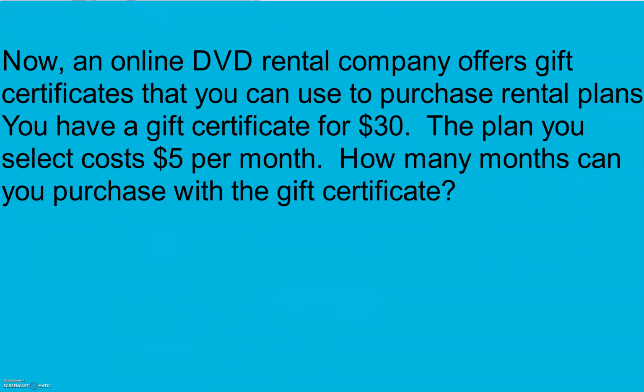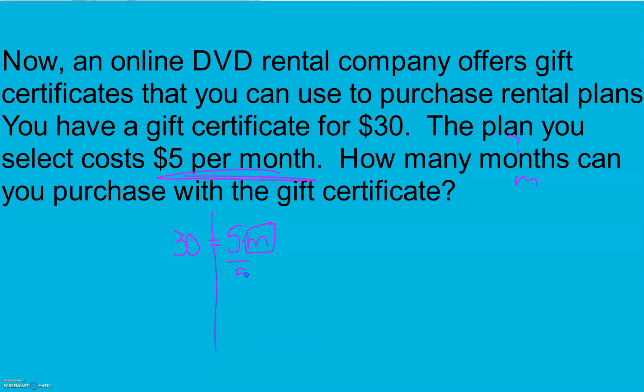Now, an online DVD rental company offers gift certificates you can use to purchase rental plans. You have a gift certificate for $30, so we have $30. The plan we select costs $5 per month, which means 5 times the number of months. How many months can we purchase with a new gift card? Well, right now my m for month is being multiplied.